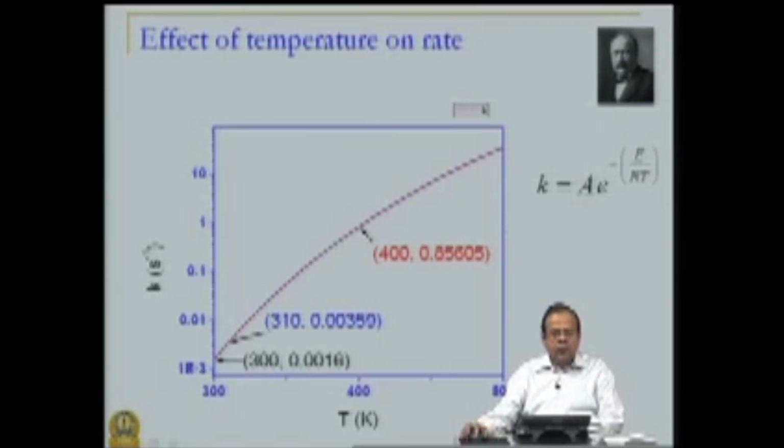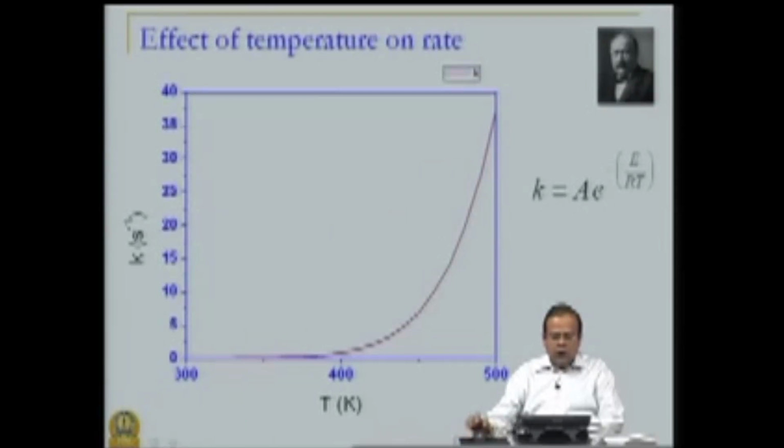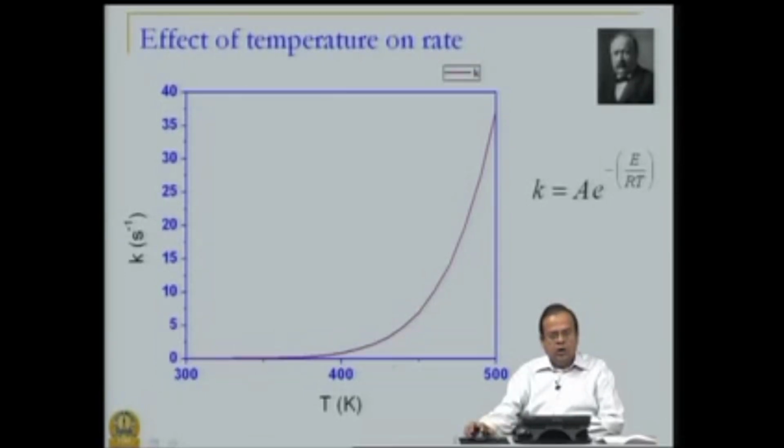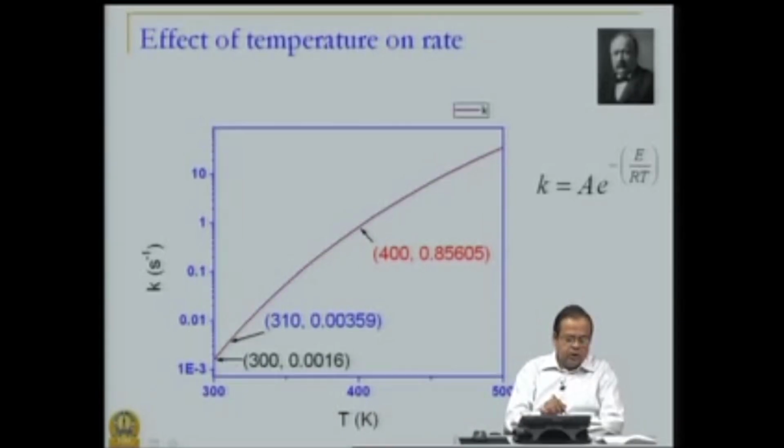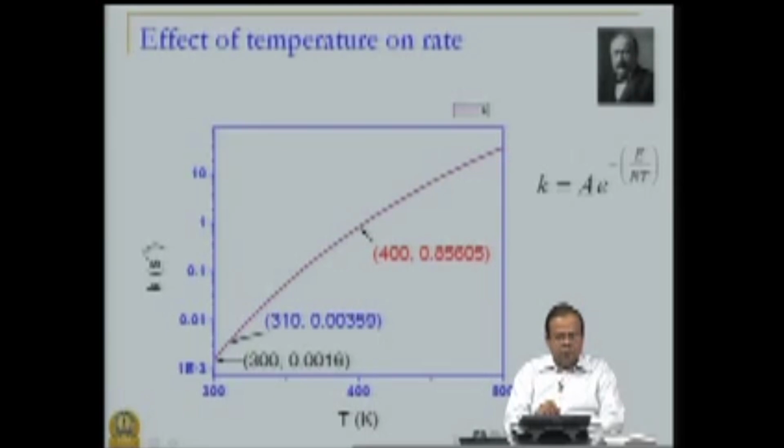The same information that we saw earlier, that k increases exponentially as we increase the temperature, let us put slightly differently. Let me make the y axis natural log to actually see what is happening here. For example, when temperature is 300, with a certain activation energy, the rate constant is 1.6 times 10 raised to minus 3.